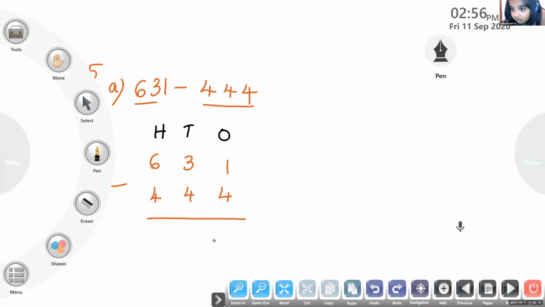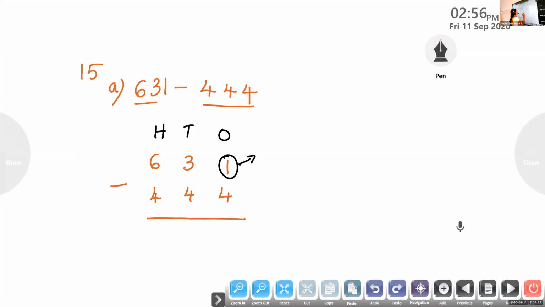No. We don't want to change the place. Here 1 minus 4 we have to try. We can't do because why? 1 is less than 4. So what do you have to do?